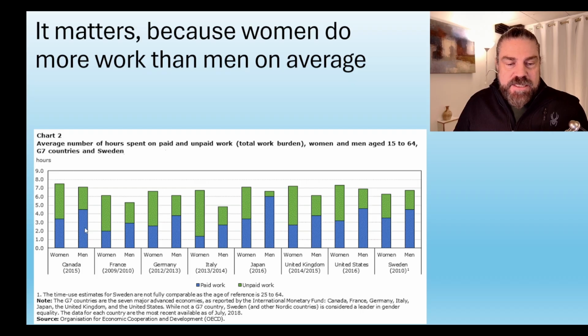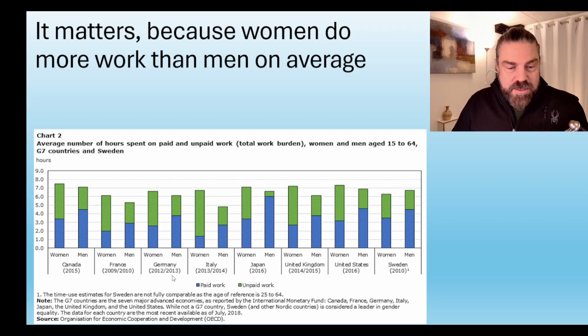You can clearly see the blue part of these bars. Men do more paid work than women do. Men do about 4.5 hours on average. This is the average man, 4.5 hours a day of paid work. Women do about 3.5 hours a day of paid work.